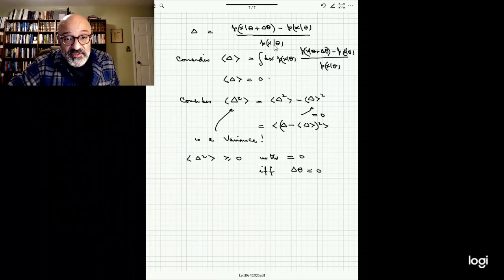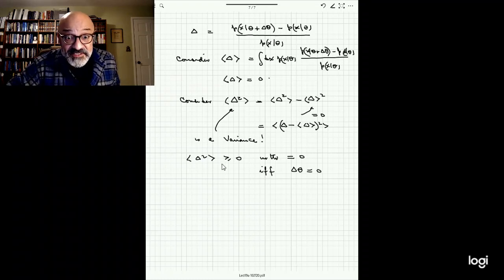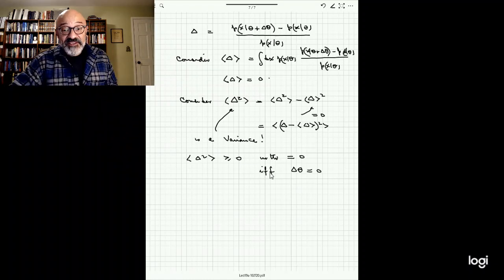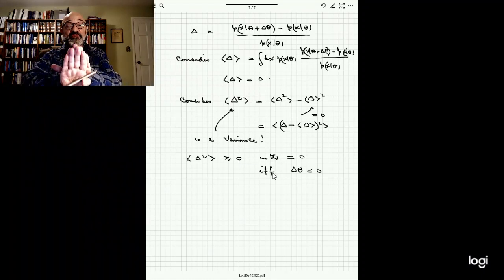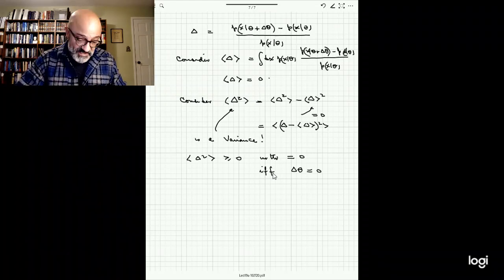So this quantity here has all the properties you might want of a distance. It's always positive and it vanishes only when the two probability distributions are right on top of each other. They are the same probability distribution. So this is what works.